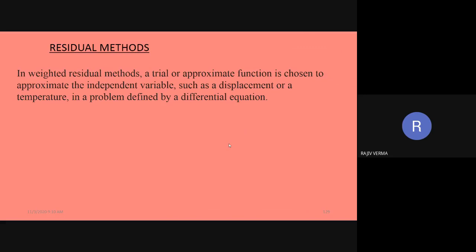These are the definitions of residual methods which we have already covered. So there is no point in explaining them. We may just go on reading them at our leisurely pace.